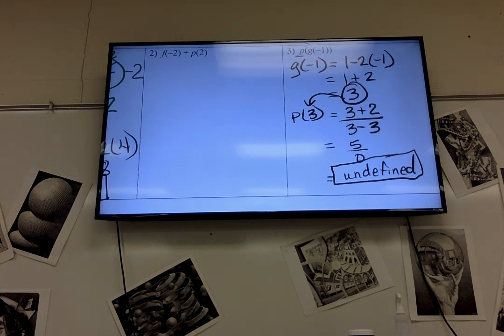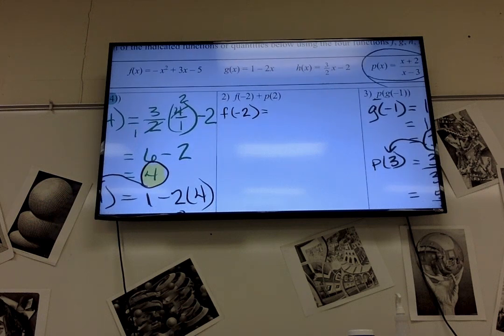Okay, so on number 2, we're doing the same thing, only it's not a composition of functions. We're just adding. So we just need to find them separately and then add our 2 answers. So we just find f of negative 2. So we plug that into x.